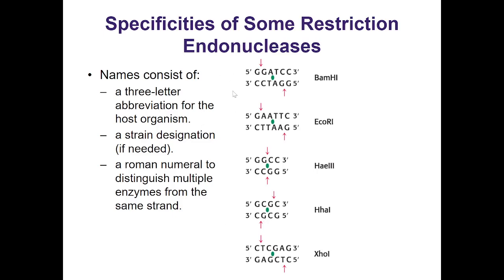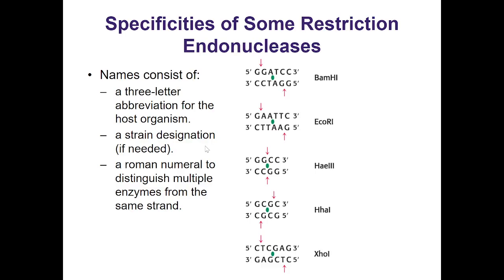All right, so the specificities of some of these restriction endonucleases, their names are going to consist of a 3-letter abbreviation for your host organism. That's that 3-letter abbreviation right there, see them? So that's why E. coli always has ECO in front of it when you see these different restriction enzymes.